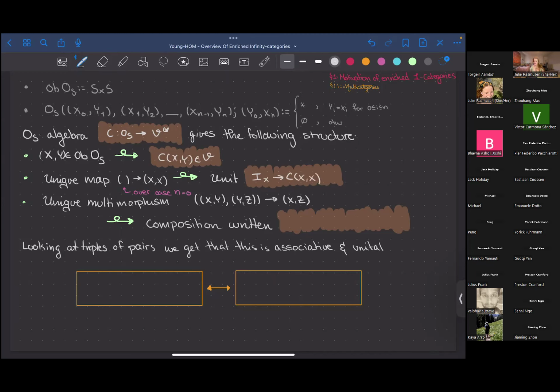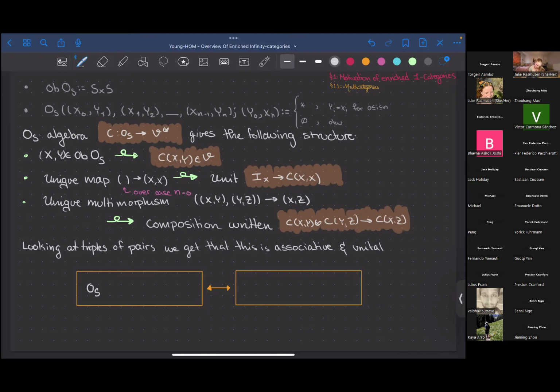And then similarly, we have a unique multimorphism that will go from (x,y),(y,z) into (x,z), which when we then apply C to this, we get a composition, which we can write as C(x,y) tensor C(y,z) into C(x,z). And then by looking at triples of pairs, we can get that this is associative and unital, and we can write out all the structure that we need.